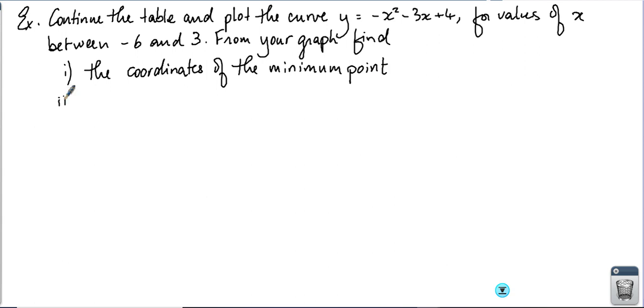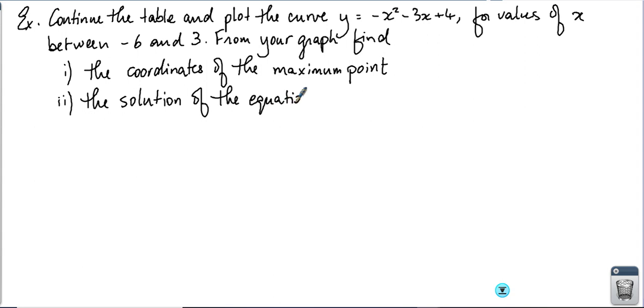Number 2, the solution, sorry, of the maximum point here. The solution of the equation minus x squared minus 3x plus 4 is equal to 0.